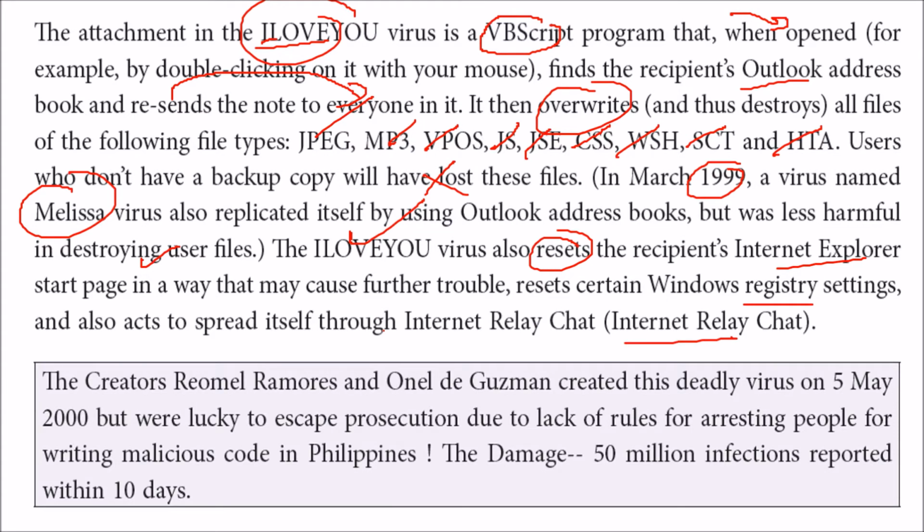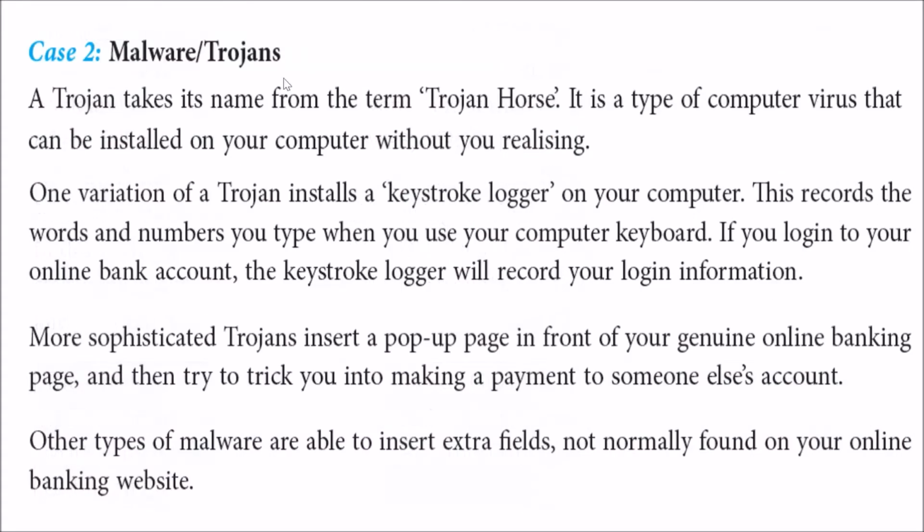The creators, Reomel Ramones and Onel de Guzman, who created this deadly virus, were lucky enough to escape prosecution due to the lack of laws for arresting people for writing malicious code in the Philippines. The damage was 50 million infections within 10 days. You can see just a simple VB script can harm so many people's lives.